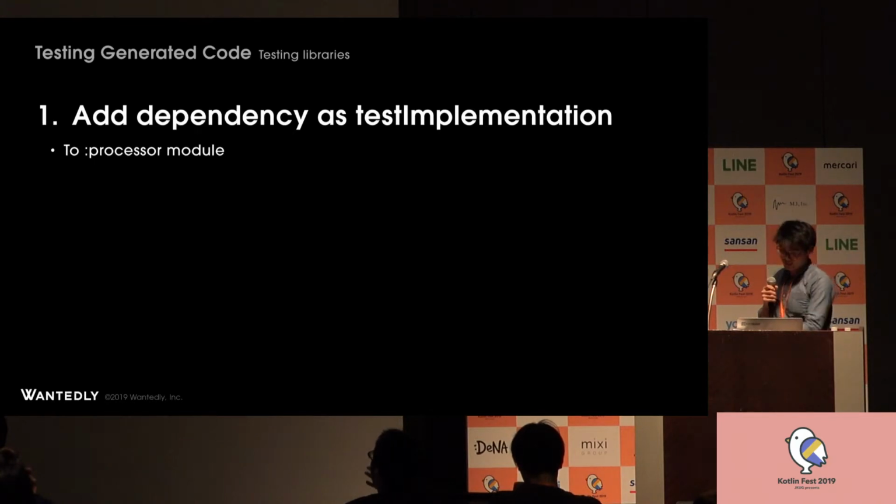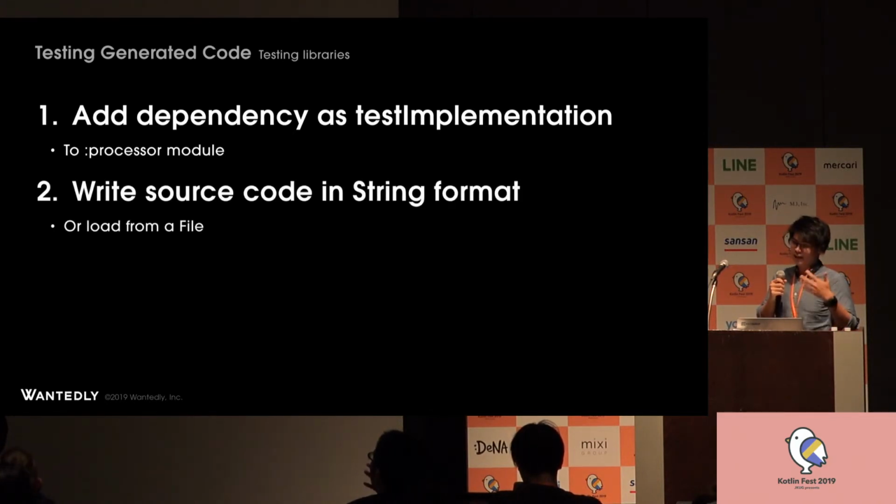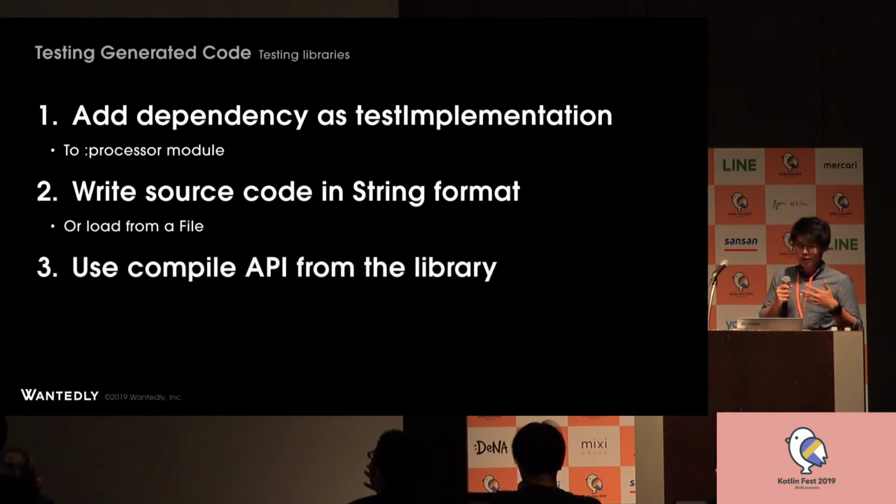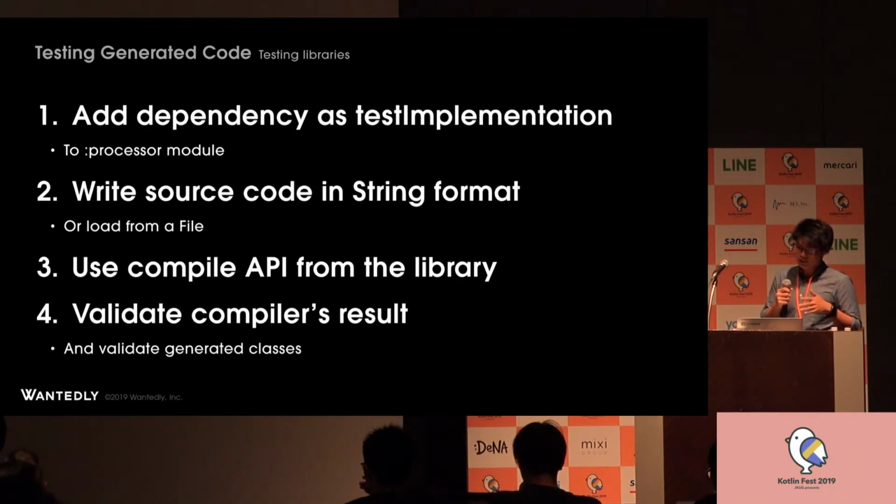Basically, we will add the dependency as a test implementation to the processor module itself, and then write the source code in string format, or we can also load it from a file, pass it over to the compile API provided by the library, and then validate the compiler's result and generated classes.